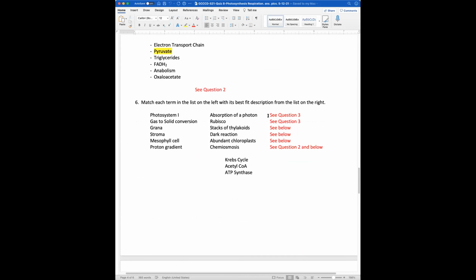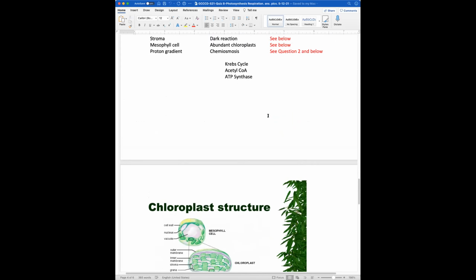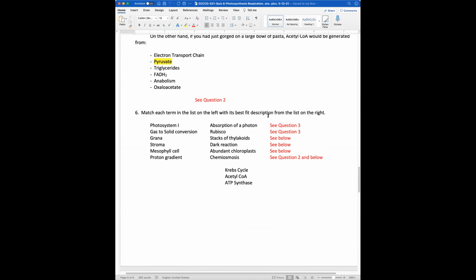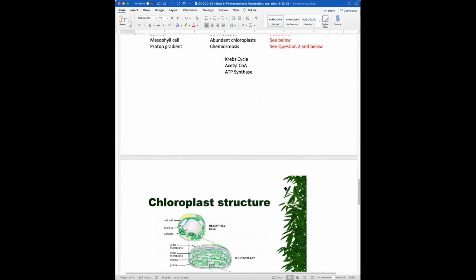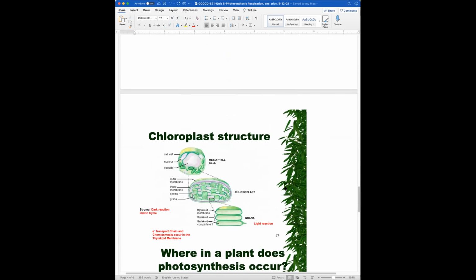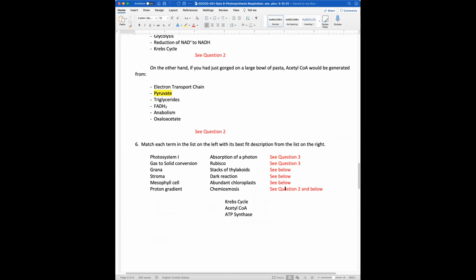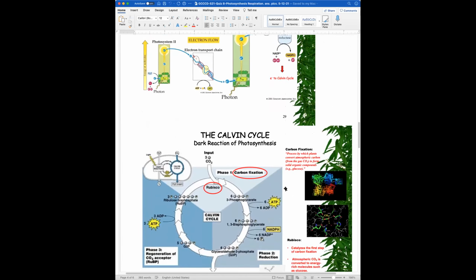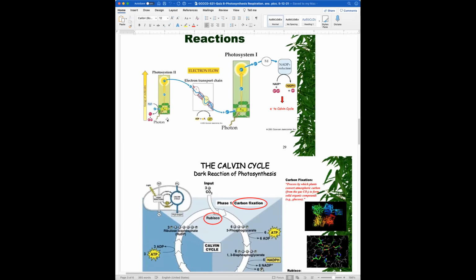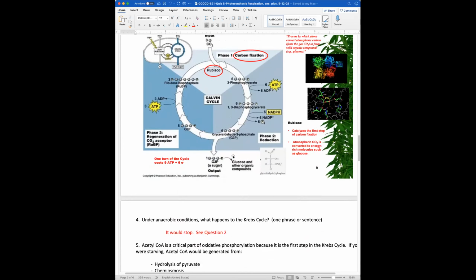And then finally, the last question, match the terms. Photosystem 1 is absorption of a photon, and that refers back to this slide, where a photon of light is absorbed by first photosystem 2, and then photosystem 1 absorbs another one.